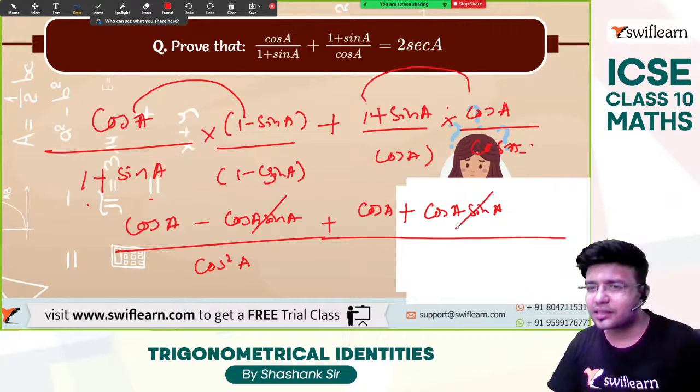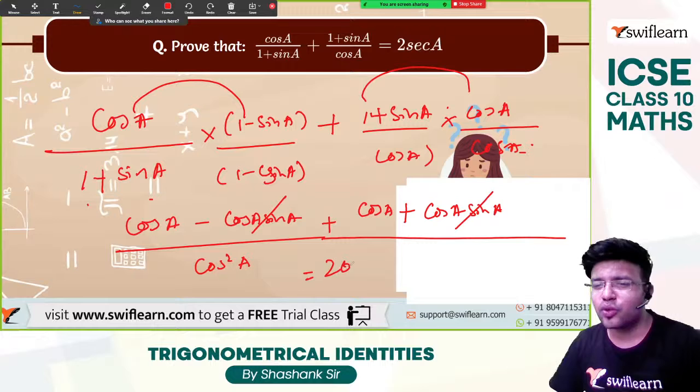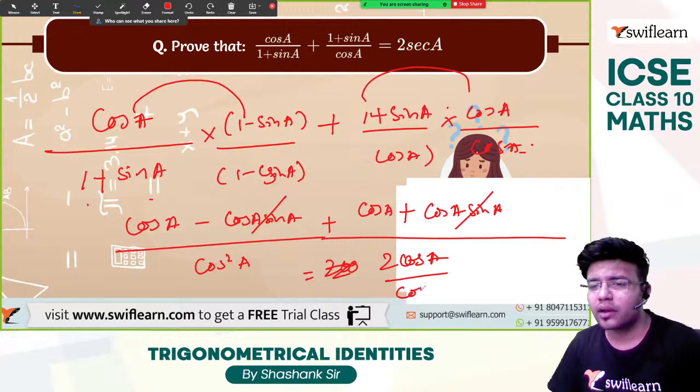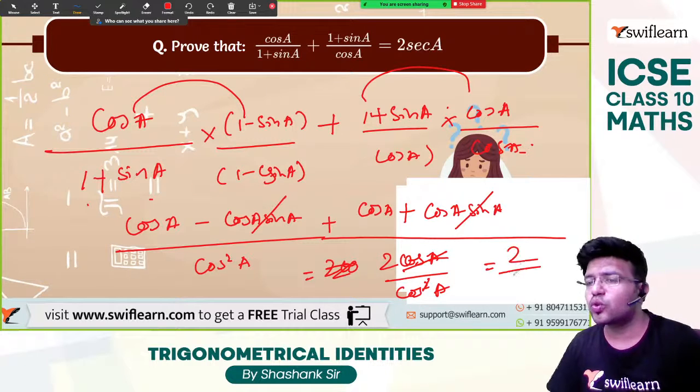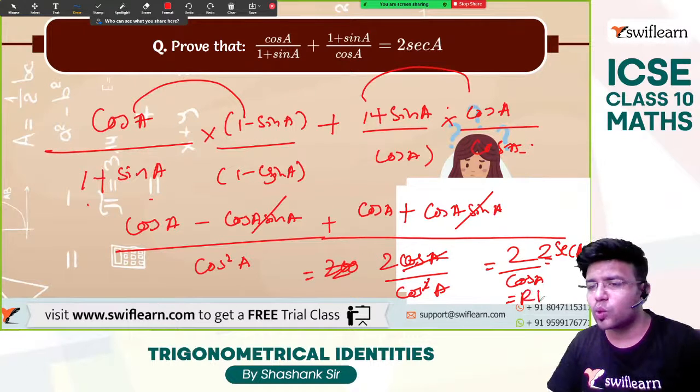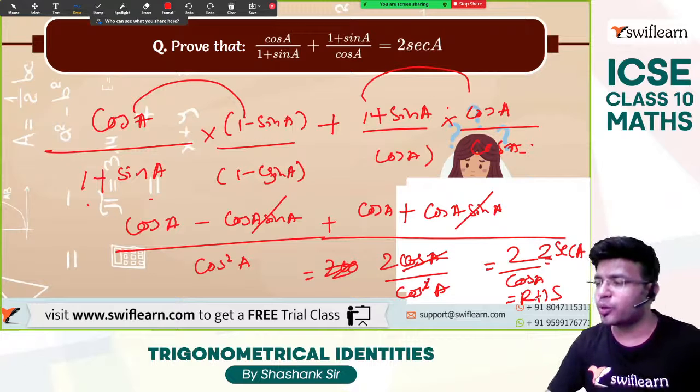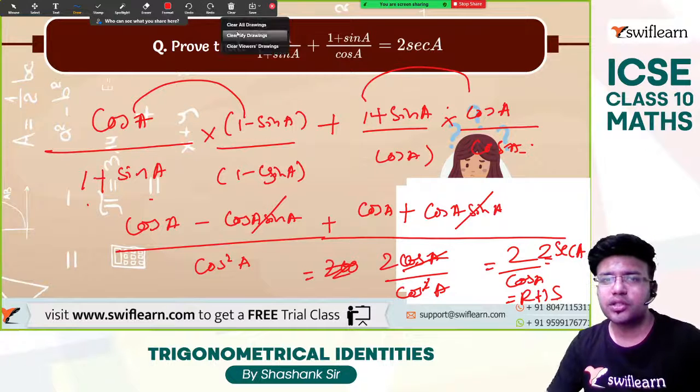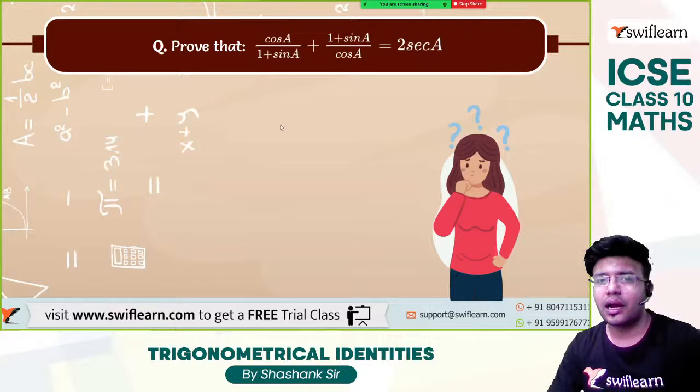This and this gets cancelled. We have 2 cos A divided by cos square A. The square and cos A cancel. So 2 by cos A, which is equal to 2 sec A, which is equal to RHS. Hence proved. This is how we prove this identity.